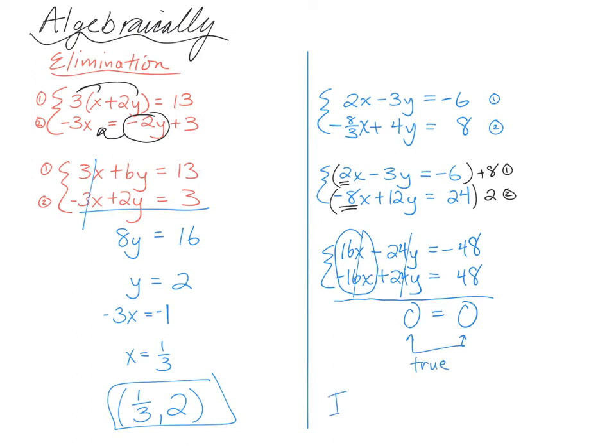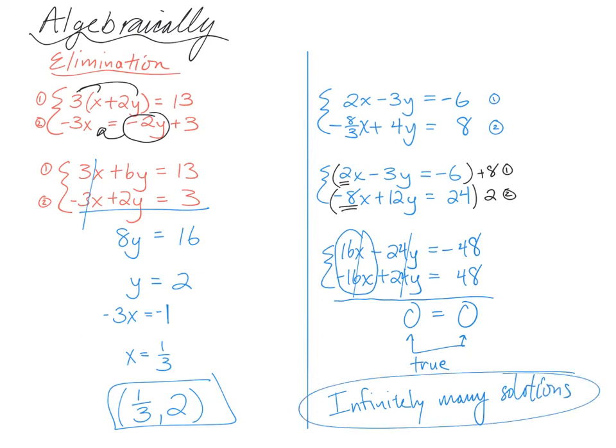So this means there are infinitely many solutions here. So anytime you are left with only numbers like this, after you eliminate, if you get the same number on both sides, it's true, and you get infinitely many solutions.